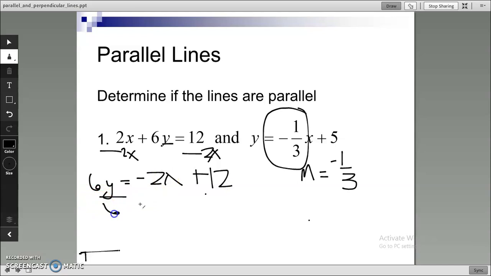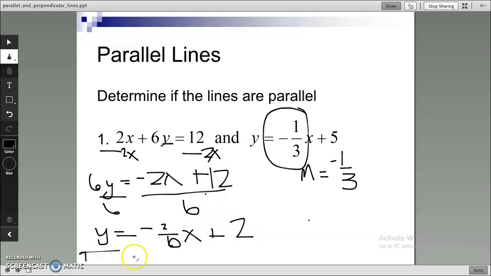Divide both sides by 6, and I get y is equal to negative 2/6 x plus 12 over 6 is 2. I have to reduce it, and I get negative 1/3 x plus 2.